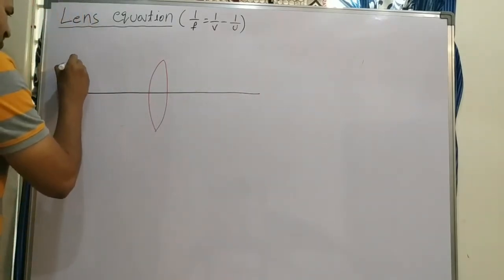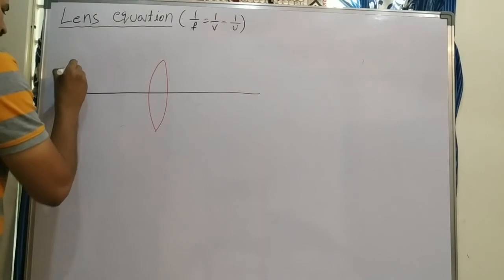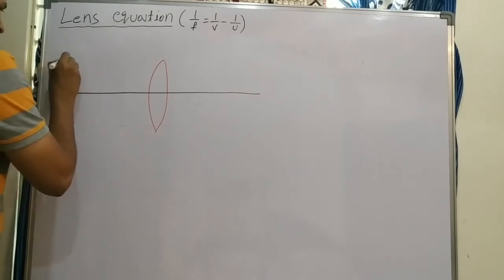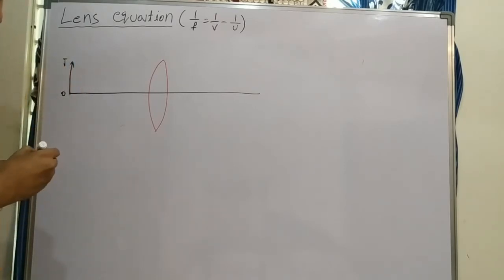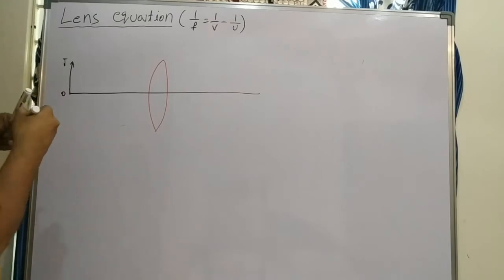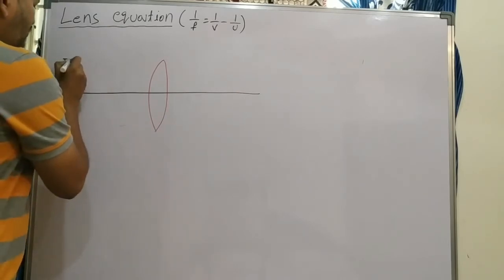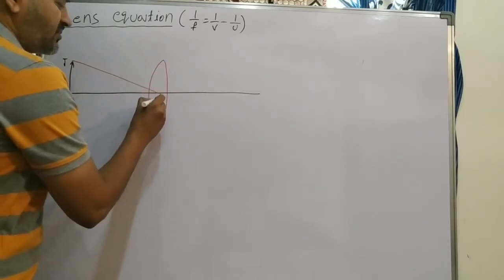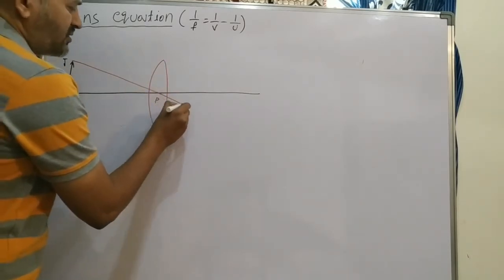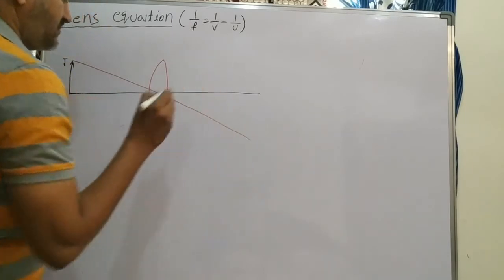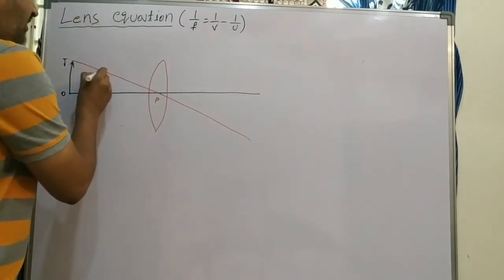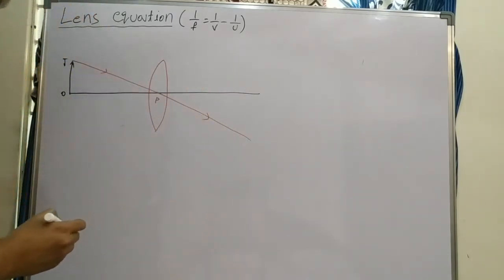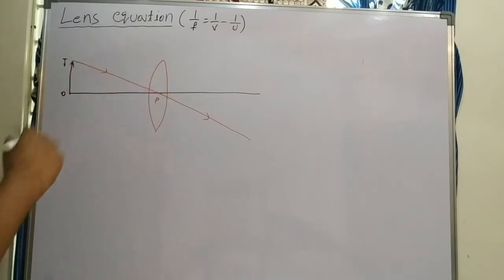Assume an object is here, object OJ. You can take a ray which is going through the optic center, name that as P, and that goes straight without any deviation, like this.